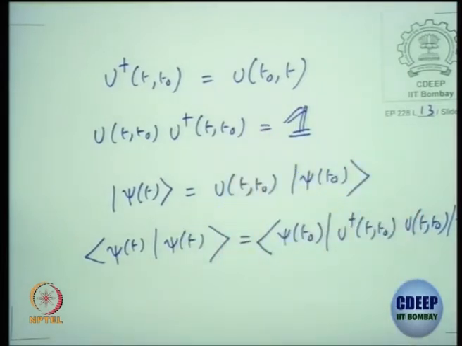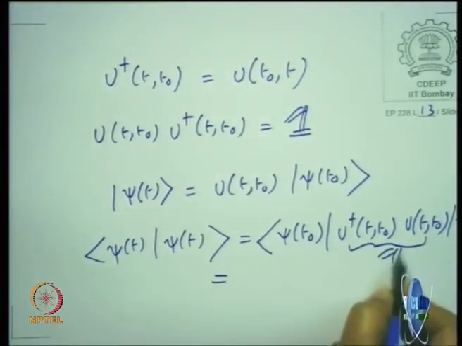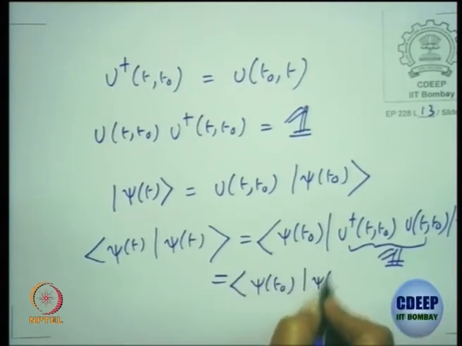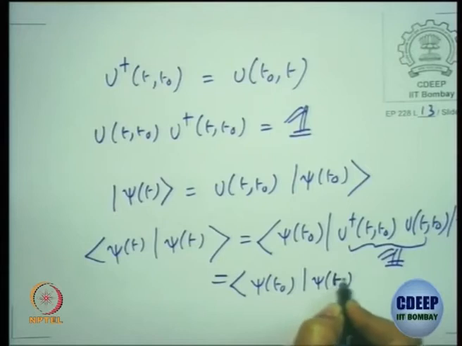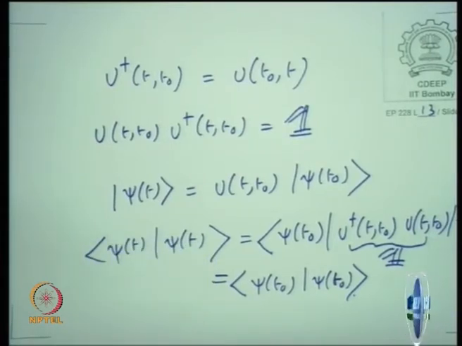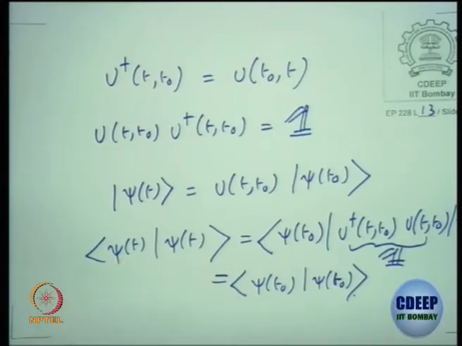Once you use that, this one is identity. So the norm under unitary evolution of any state is preserved. Right? The inner product of the state with itself is called the square of the norm, and it is the same whether you work it out at t or at t0.